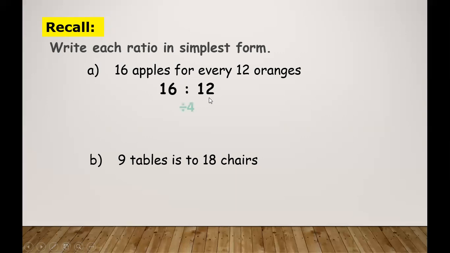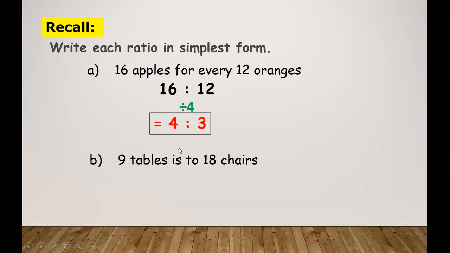Yes, it's 4, because both 16 and 12 are in the table of 4. So 16 divided by 4 is 4, and 12 divided by 4 is 3. Therefore, the ratio 16:12 can be written as 4:3 in simplest form.